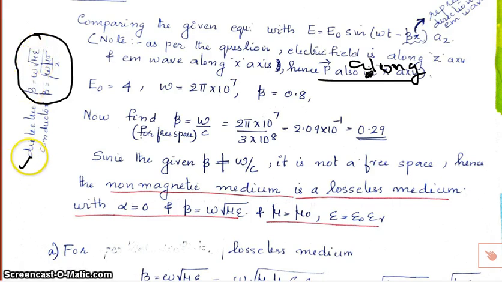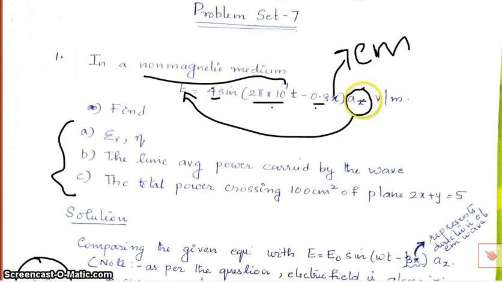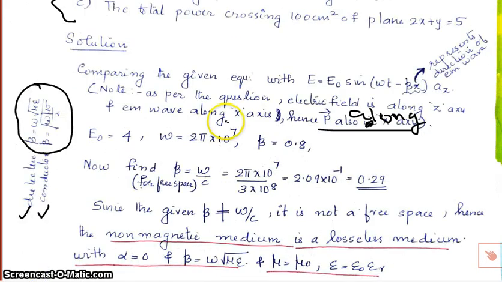In these two cases, dielectric and conductor, we can't find beta because we don't have the values of mu and epsilon in the first case, and in the second case we don't have sigma as per the given question. So it is understood that the given medium is not a dielectric or a conductor. Then the possibility is that it is free space.